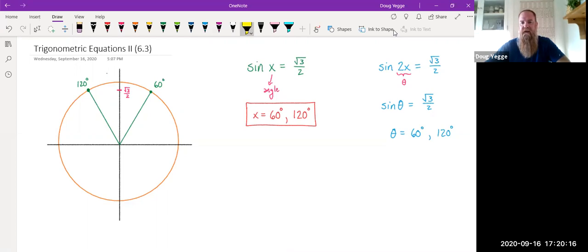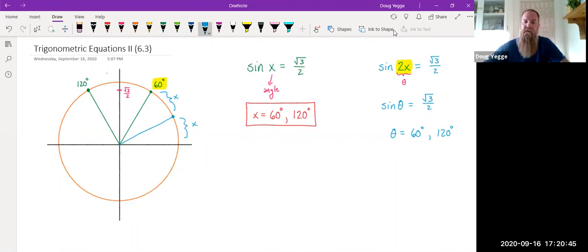Now it's saying that I would have to double some angle in order to get me to the angle of 60 degrees that will give me the answer of root 3 over 2. So doesn't that mean that I would have to take the 30-degree angle, because there are now two of those angles that we refer to as x, in order to get me to the angle of 2x?